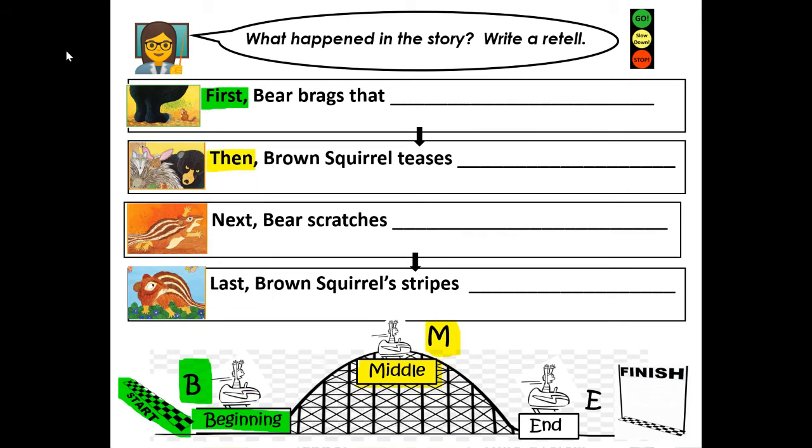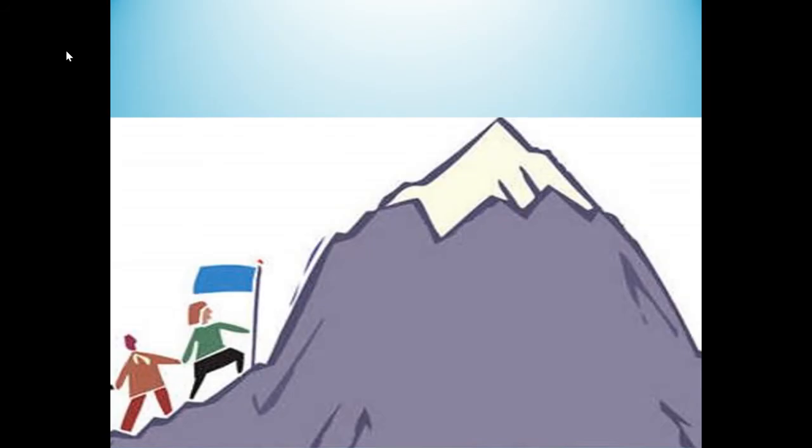And you're going to say what happened in the middle of the story, saying then, writing it, and next, and write it in a complete sentence. And then finally, you're going to talk about the end of the story or the finish. And you're going to use the sequence word last and write a complete sentence.